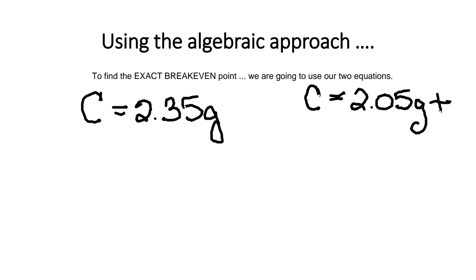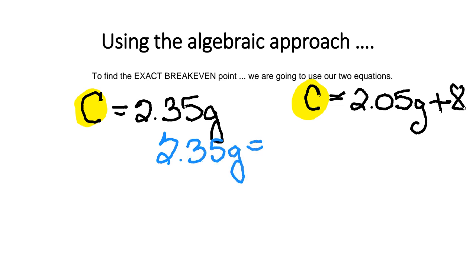Now, notice that both of these equations have the letter C. If they're both equal to C, I can now take $2.35 G and set it equal to $2.05 G plus $8.